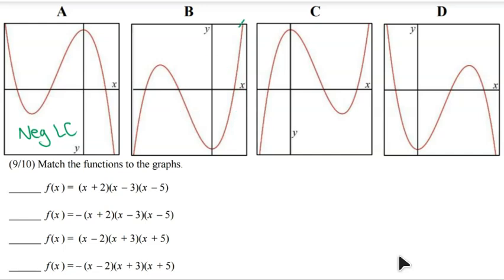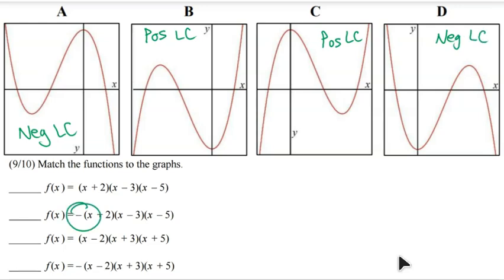This one, the right side points up, so this one must have a positive lead coefficient. For this one, the right side points up, so this one also has a positive lead coefficient. And then D here points down on the right-hand side, so this one has a negative lead coefficient, okay?